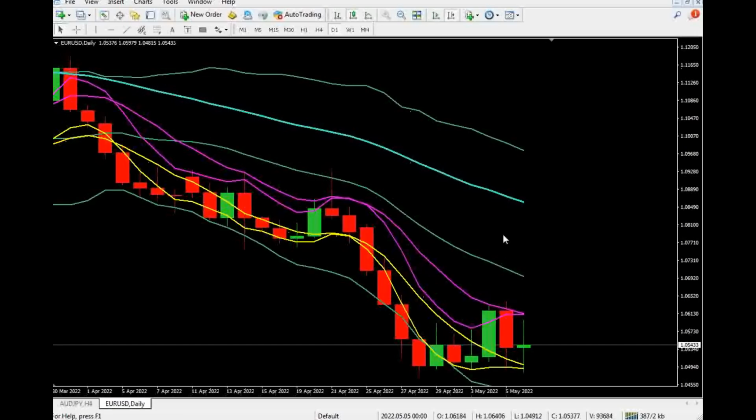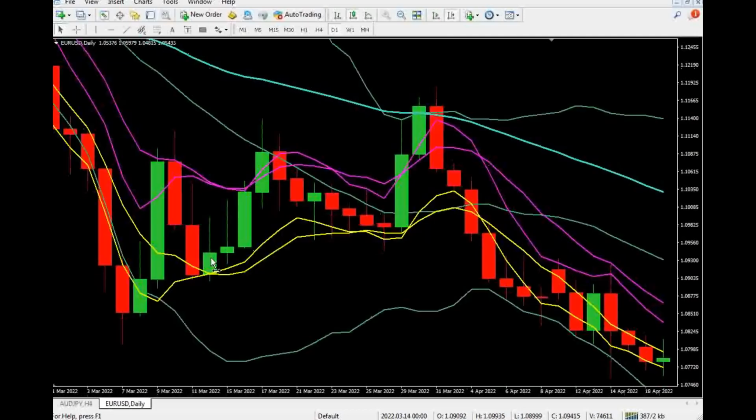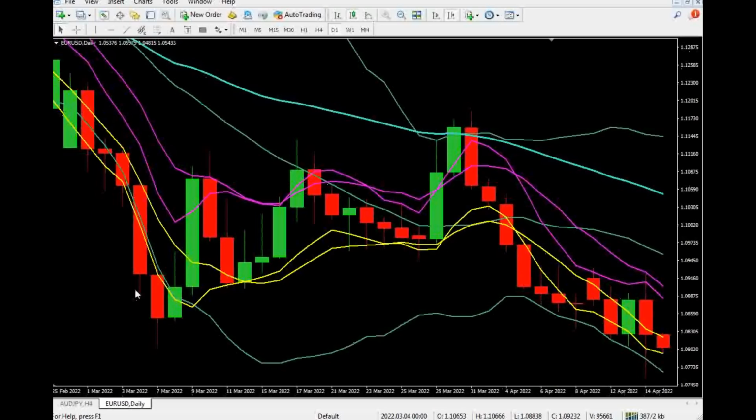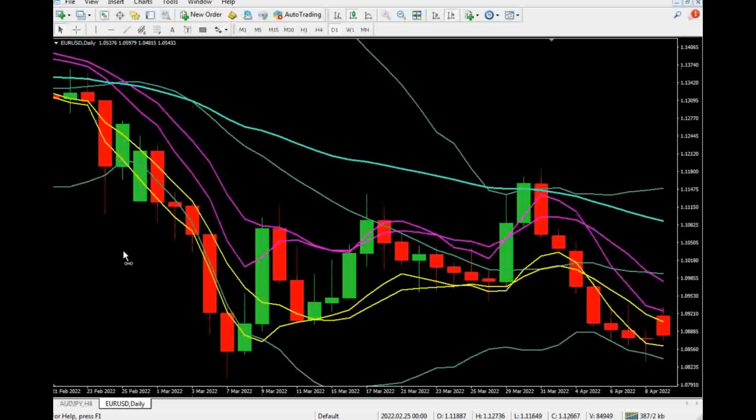So let's look for another example of an extreme. Is this it? Yes. First, the candle is closing out of the lower Bollinger Band. It starts from here. This is the first candle closing out of the lower band.